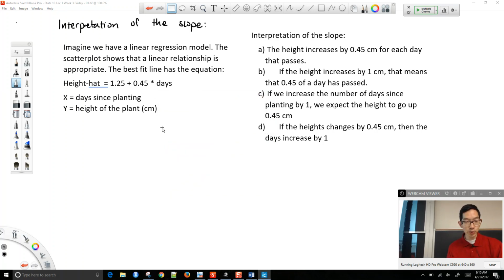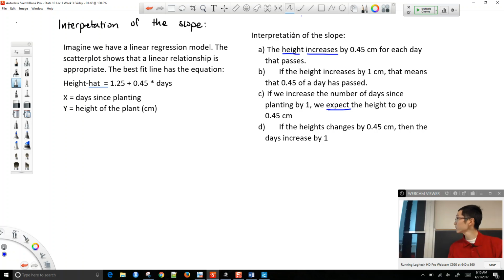The reason why A is not correct, it sounds very good, but it just talks about the height increases. The key here is that we have to write we expect or we predict.